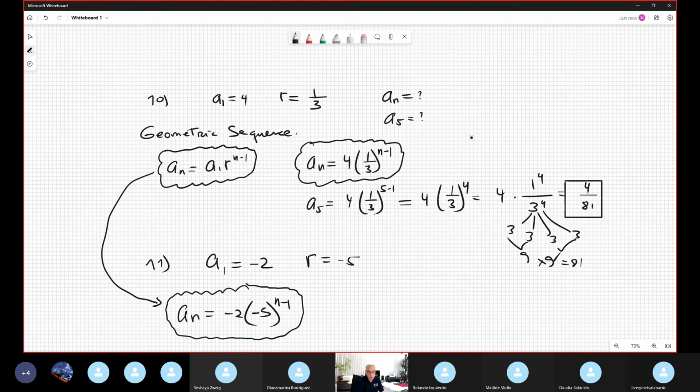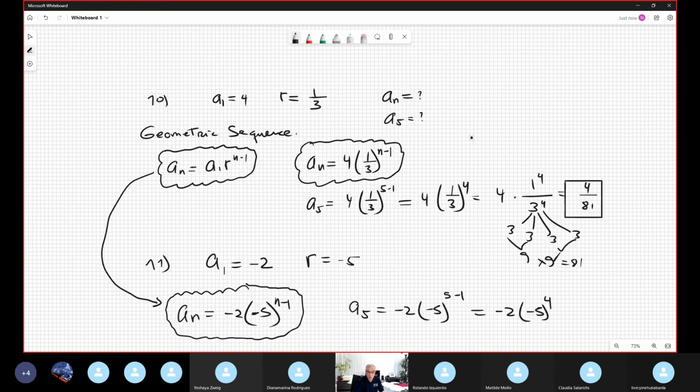And don't try to multiply this negative and this negative to make a positive, because that depends on the exponent, if it's even or odd. Okay, leave it like that. Don't touch. And A to the 5th power is negative 2 times negative 5 to the 5 minus 1, which is 4, no? So it's negative 2 times negative 5 to the 4th power.